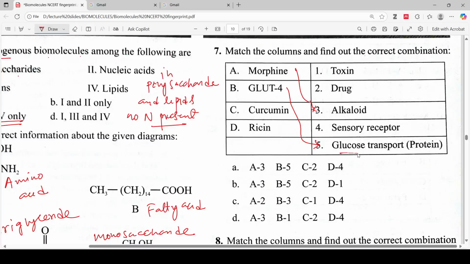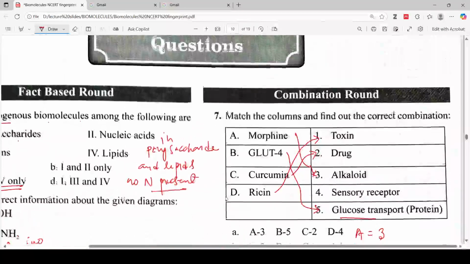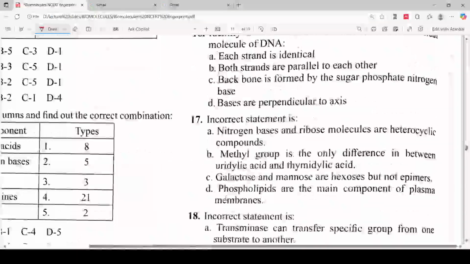GLUT4 is a glucose transporter, curcumin is a drug, and ricin is a toxin. So A matches with 3, B matches with 5, C matches with 2 and D matches with 1. So the correct answer is option D. Let's move to the next question.